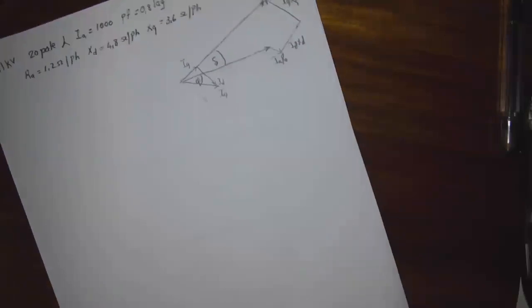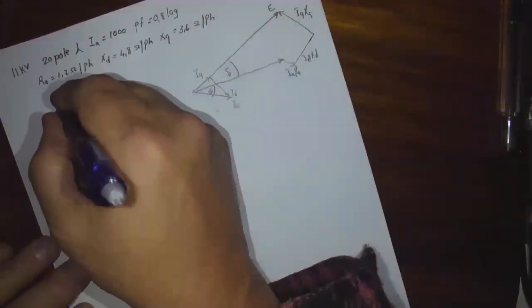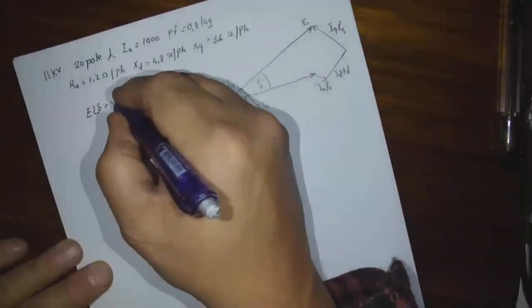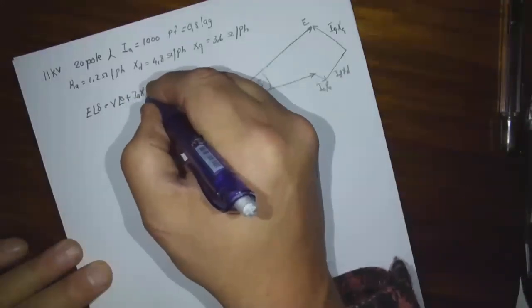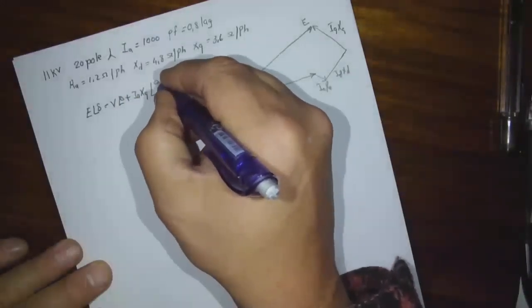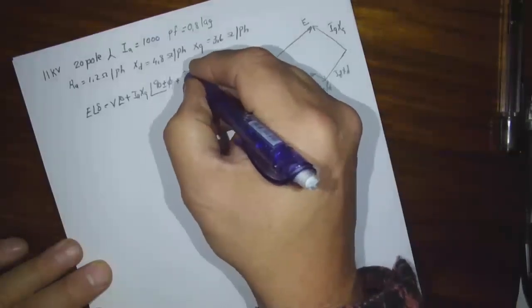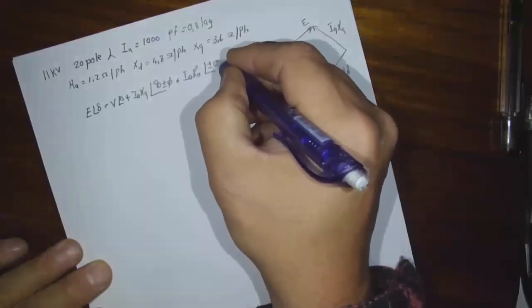Now, first of all, we have to calculate delta. So E angle delta is V angle 0 plus IA XQ at 90 plus or minus phi, plus IA RA at an angle plus or minus phi.